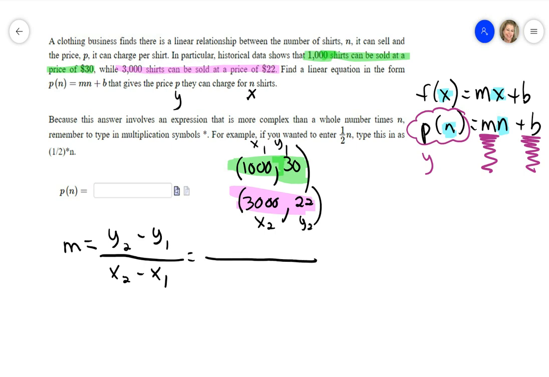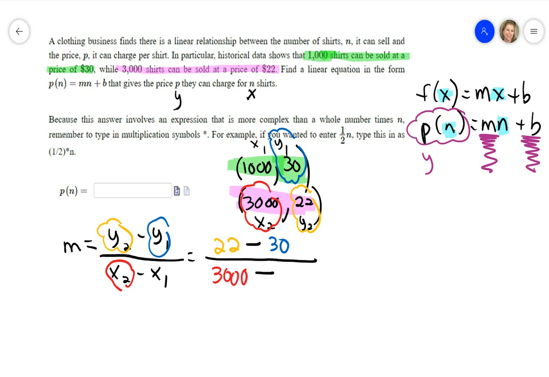So y sub 2 is the 22 minus y sub 1, which is the 30, over x sub 2, which is 3,000, minus x sub 1, which is the 1,000.